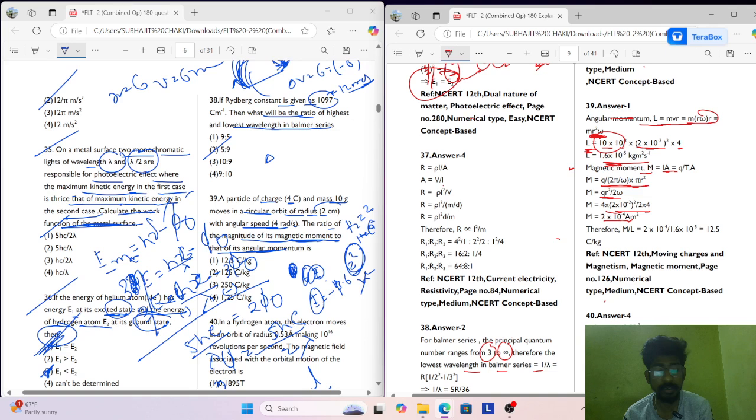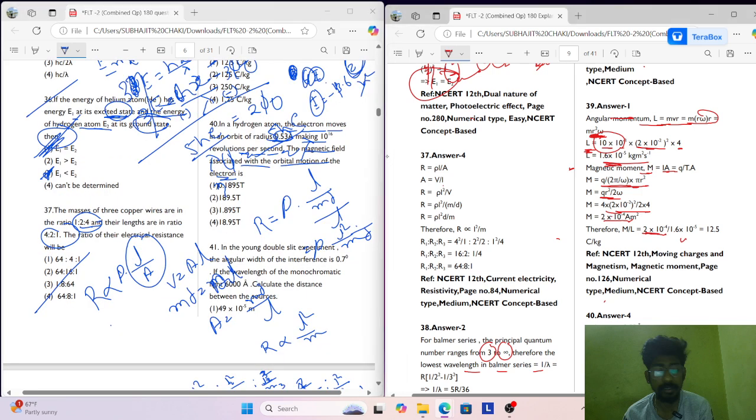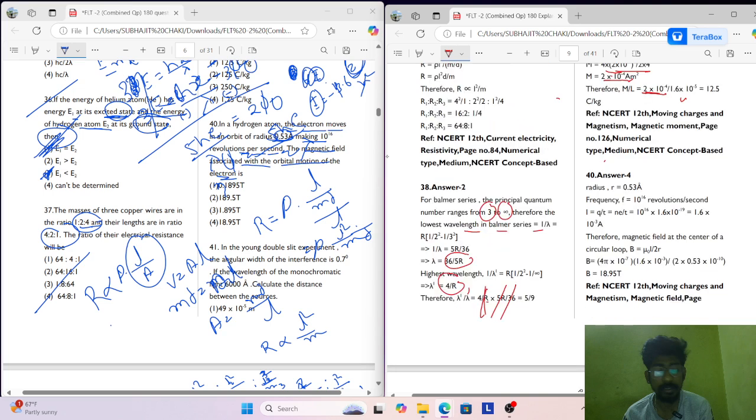In a hydrogen atom, the electron moves in an orbit of 0.3 angstrom, making 10 to the power 16 revolutions per second. The magnetic field associated with the orbital motion of the electron is? Revolutions are 10 to the power 16 per second, that means frequency is given. I you can calculate by Q by T. Q is 1.6 into 10 to the power minus 19.